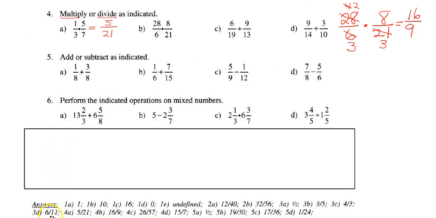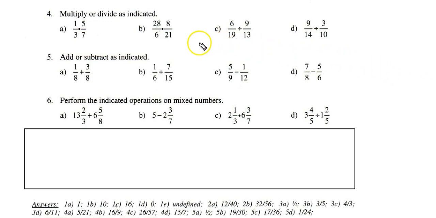And if we look down here, we can see some of our answers here. We're at row number 4, and there is our 16 over 9. Okay. Now remember, you can always go back to review these again.